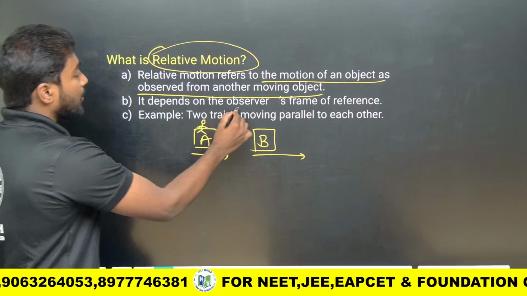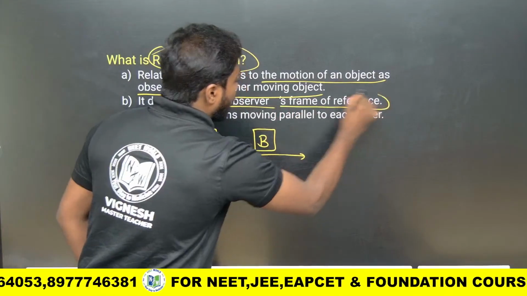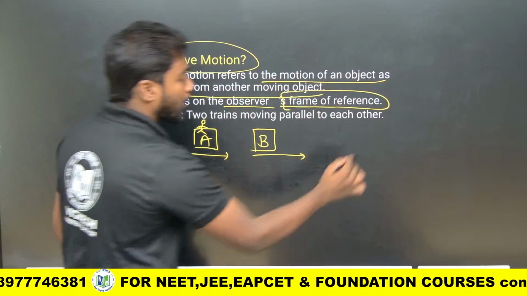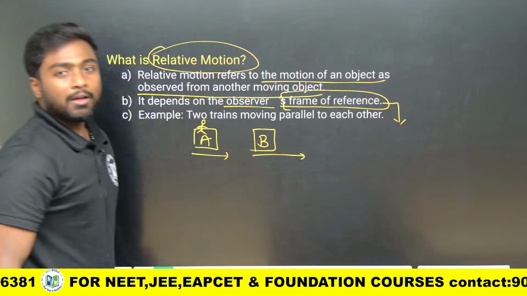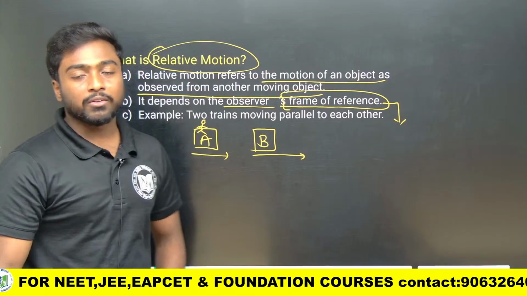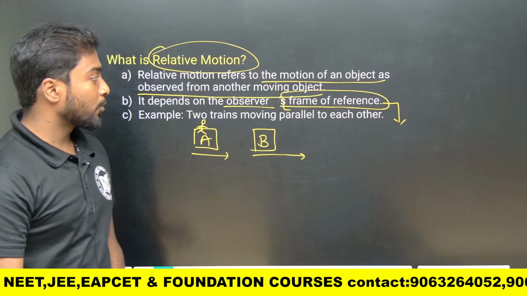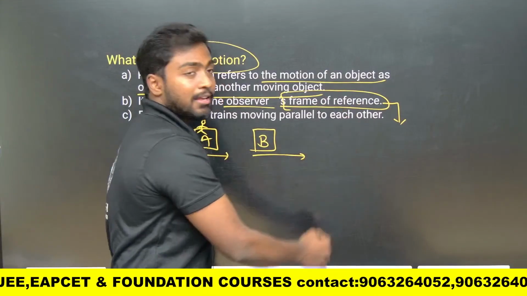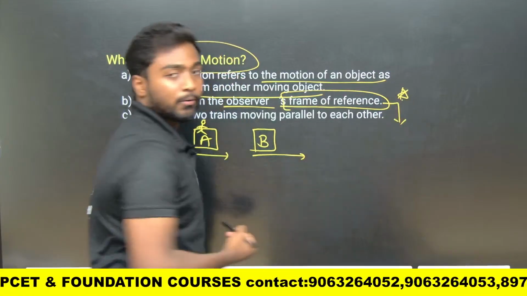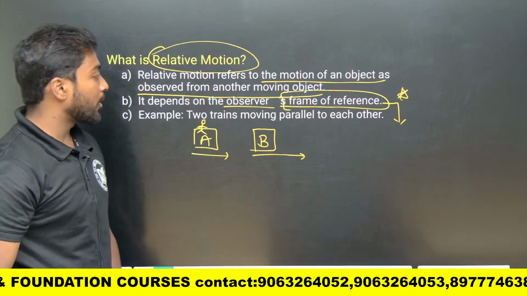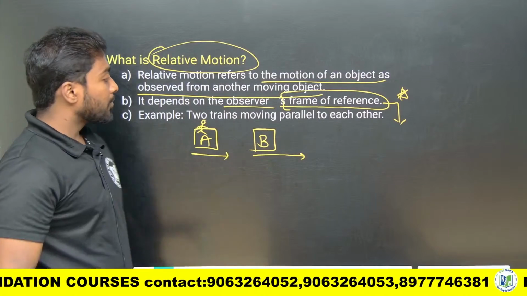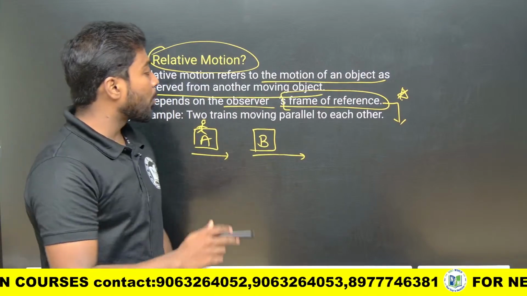It depends on the observer's frame of reference. Whenever we are calculating relative motion, relative velocity or acceleration, the frame of reference is the important thing. For example, they have given two trains moving parallel to each other.